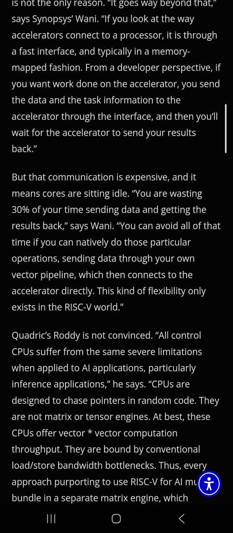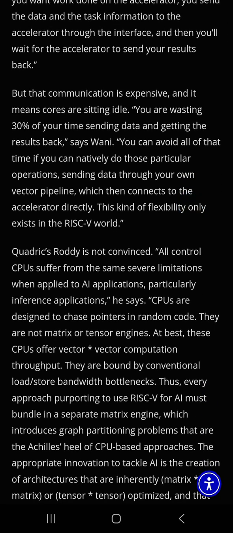But the communication is expensive, and it means cores sitting idle. You are wasting 30% of your time sending data and getting the result back. You can avoid all of that time if you can natively do those particular operations, sending data through your vector pipeline, which is then connected to that accelerator directly. This kind of flexibility only exists in the RISC-V world."